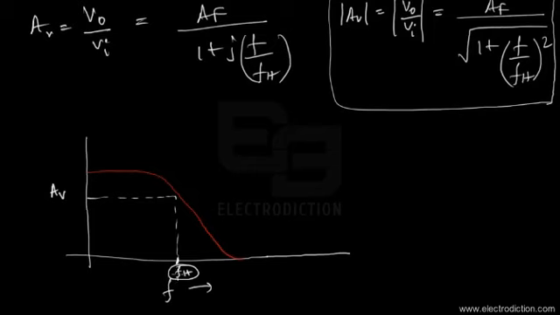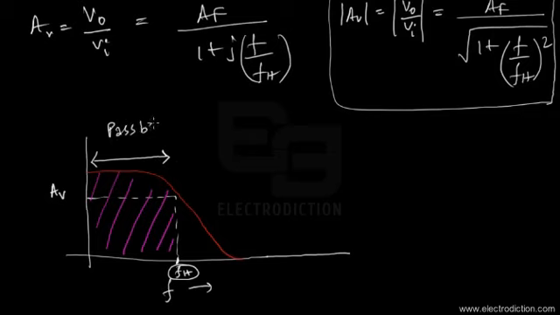Those frequencies that lie below fH fall in the pass band of this filter, ranging from 0 to fH. Those frequencies that lie above fH fall in the stop band.